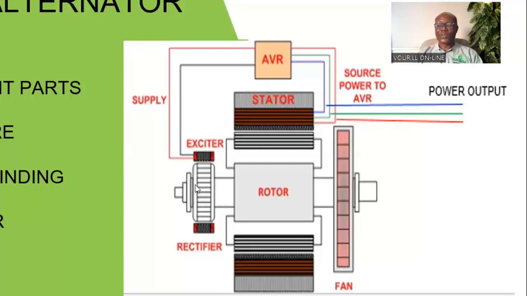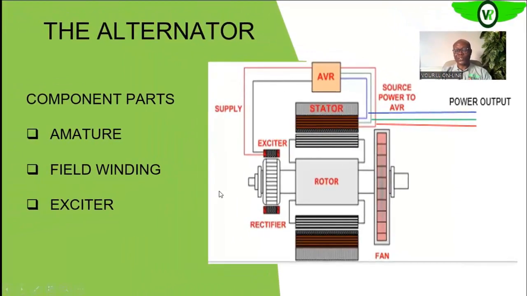In that case, the generator will not be brushless like this; it will have a brush type excitation system. For more on this, you can check out our training on generators, the alternators on electrical machines, where it is explained in detail.